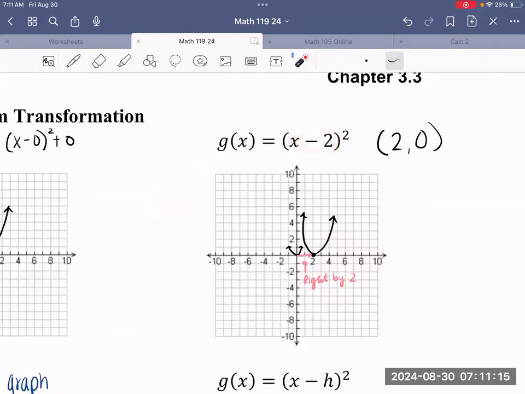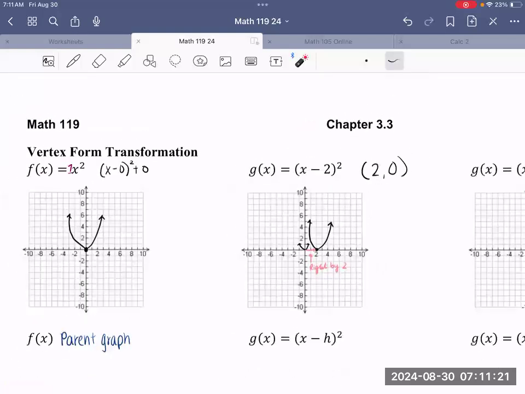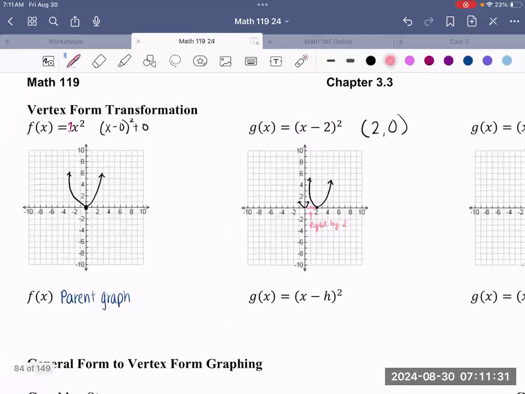Because we really believe that your vertex is positive, it undergoes a sign change. So we are transforming your graph. All that your vertex form is a transformation. So when we want to go to the right, we have a negative. So anything on the inside of your graph, or inside of your parentheses, will shift your graph left and right.